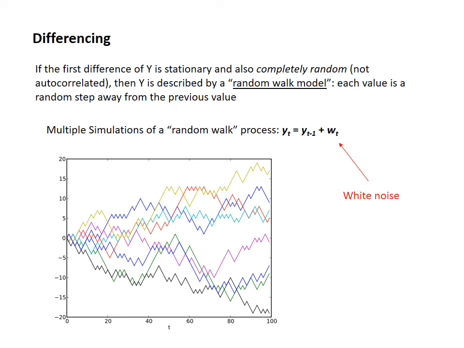It's yt equals yt minus 1 plus w, right? What that's saying is that the value today is equal to the value yesterday plus the value of some random variable that we can describe completely by a probability distribution with a 0 mean and a variance of whatever.